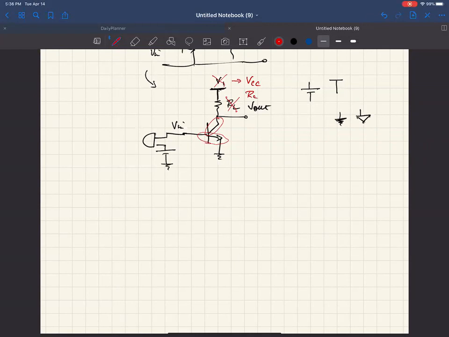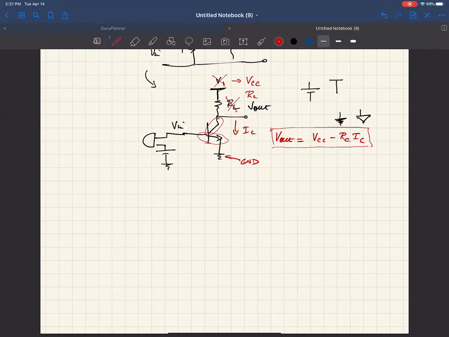Okay, and then we're using this ground symbol for our lowest rail, lowest voltage. And then V output, we're going to define as VCC minus RC IC. So this is the IC on here. So basically what this does is redefine the output to be with respect to ground rather than with respect to the supply here.